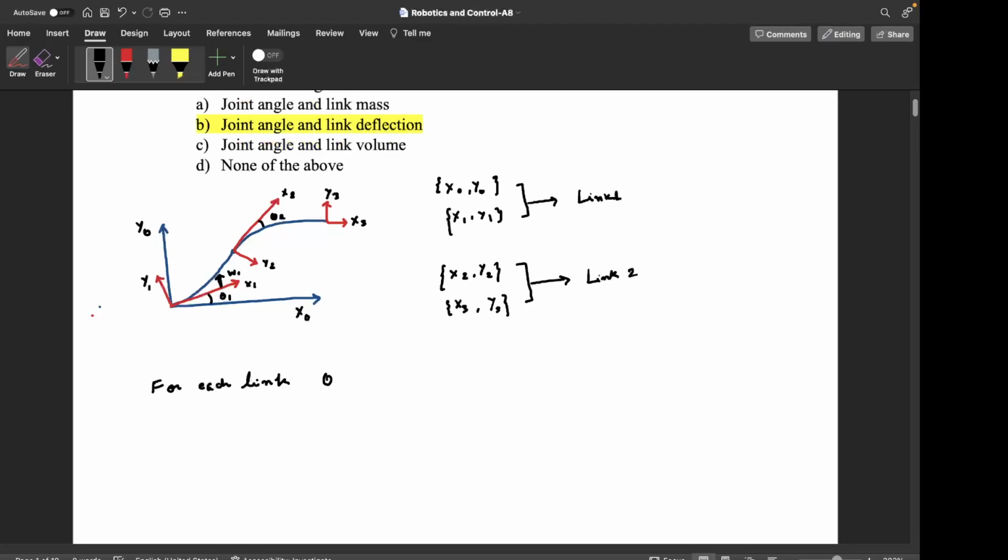But here we have theta i, which is a joint angle, and wi of xi, which is the deflection.